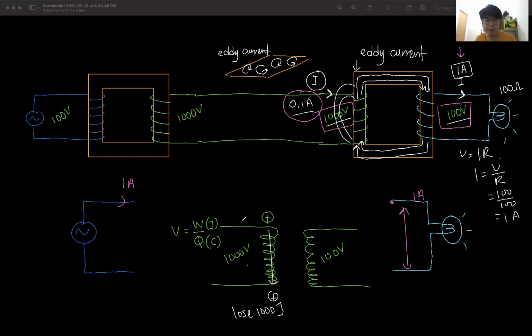I repeat, in the primary coil this is 1000 volt, meaning that when you take 1 coulomb of charge and it crosses this coil, it is losing 1000 joule.